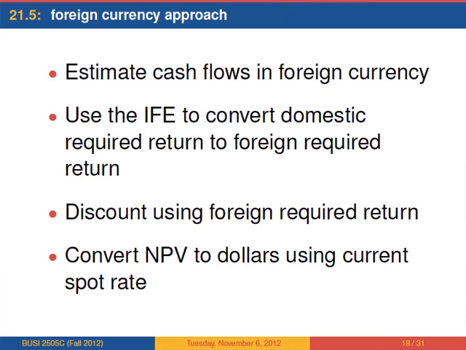So instead of converting all your cash flows and then discounting at the home return, you discount the foreign cash flows using the foreign return, and then you have a present value amount in foreign currency, and then you just convert that at the spot rate.